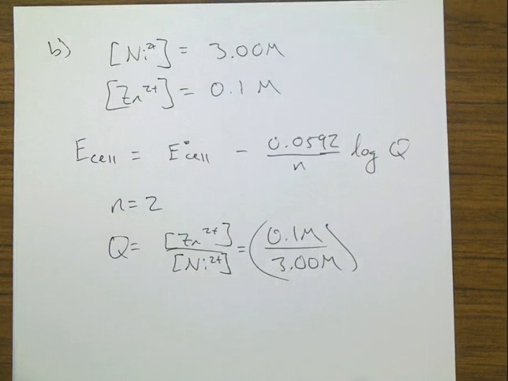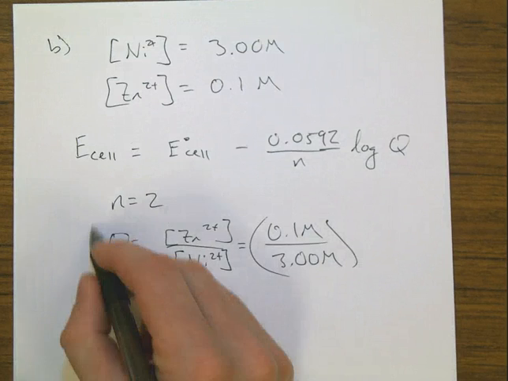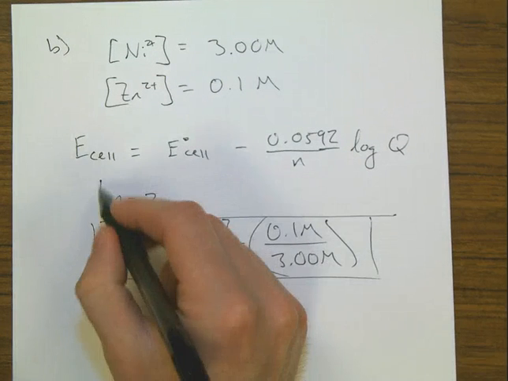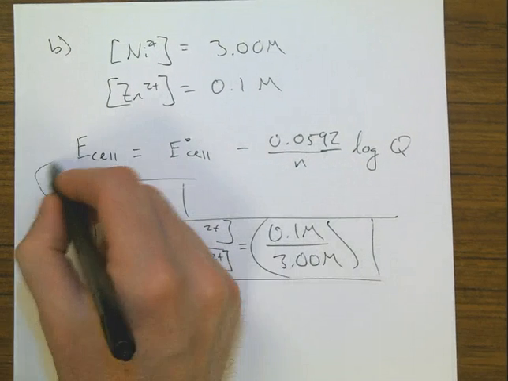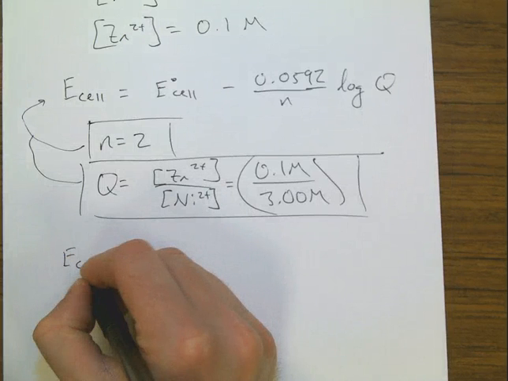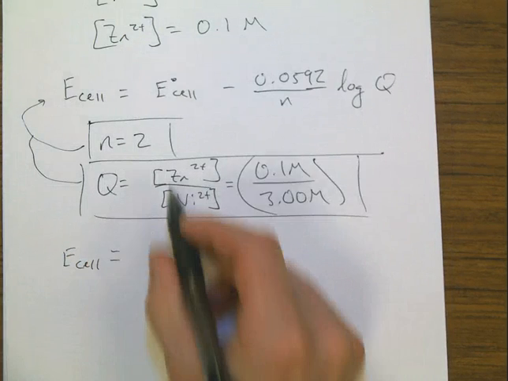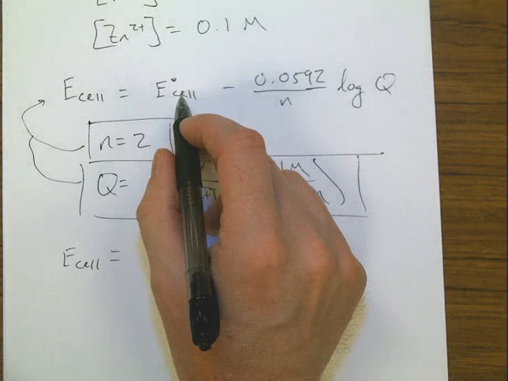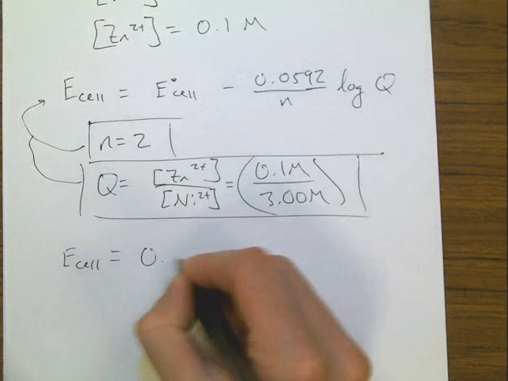So when I plug this Q and this n both into this equation right here, this is what it's going to look like. E cell is going to equal my voltage under standard conditions, my EMF standard, which is 0.51 volts.